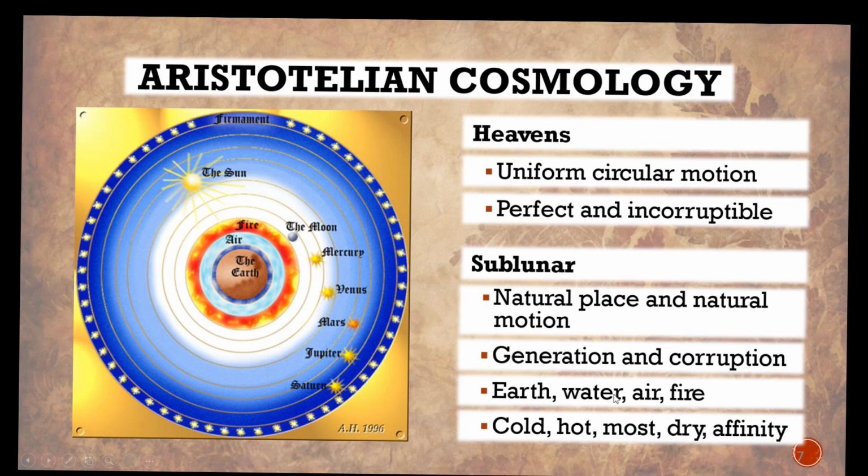So we have the water, air, and fire, including the earth. From the earth, the blue portion here is the water. So the earth, water, air, and fire are the sublunars, and the heavens are those that are above it.